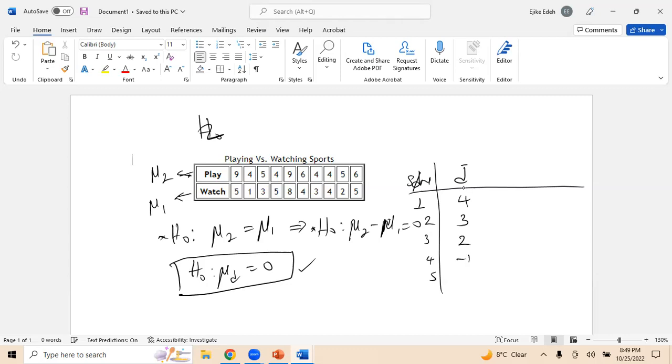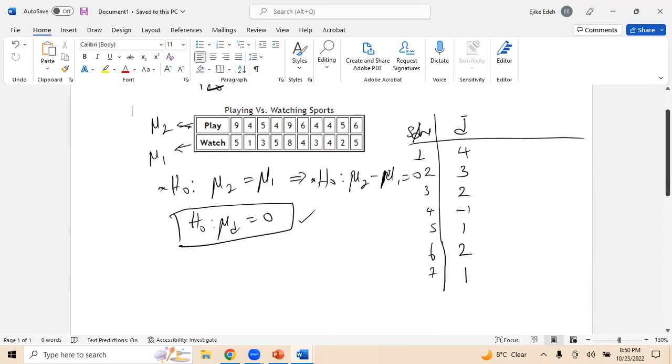For the fifth student, 9 minus 8 will give us +1. For the sixth student, 6 minus 4 will give us +2. For the seventh student, 4 minus 3 will give us +1. Okay, let's move down a little bit here.